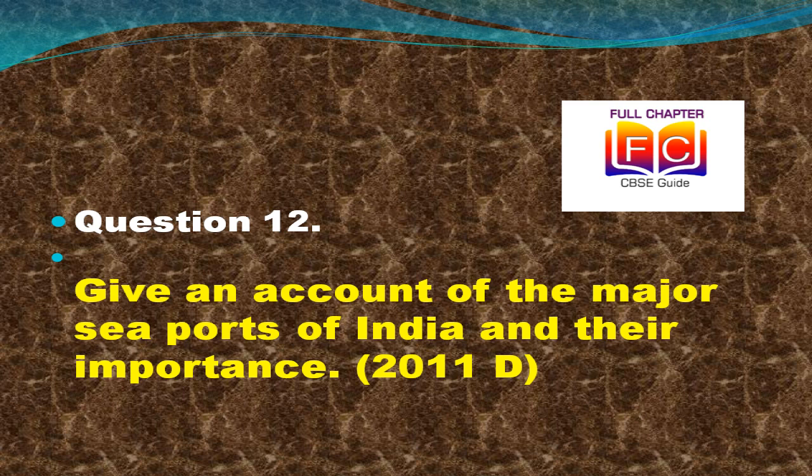It is a tidal port and caters to exports and imports of the granary and industrial belts of Jammu and Kashmir, Himachal Pradesh, Punjab, Haryana, Rajasthan and Gujarat. Kandla Port is located in Kutch in Gujarat. It caters to the convenient handling of exports and imports for northern and western states of India.